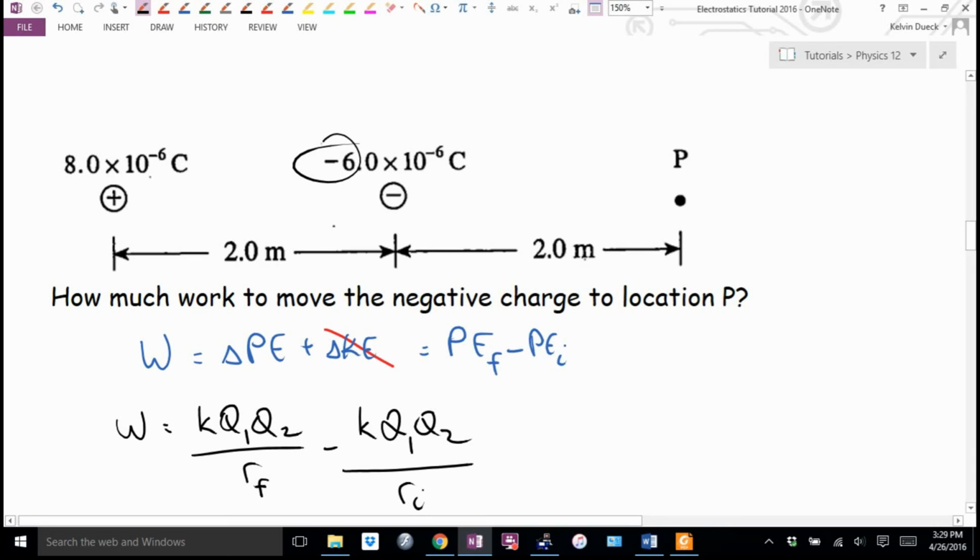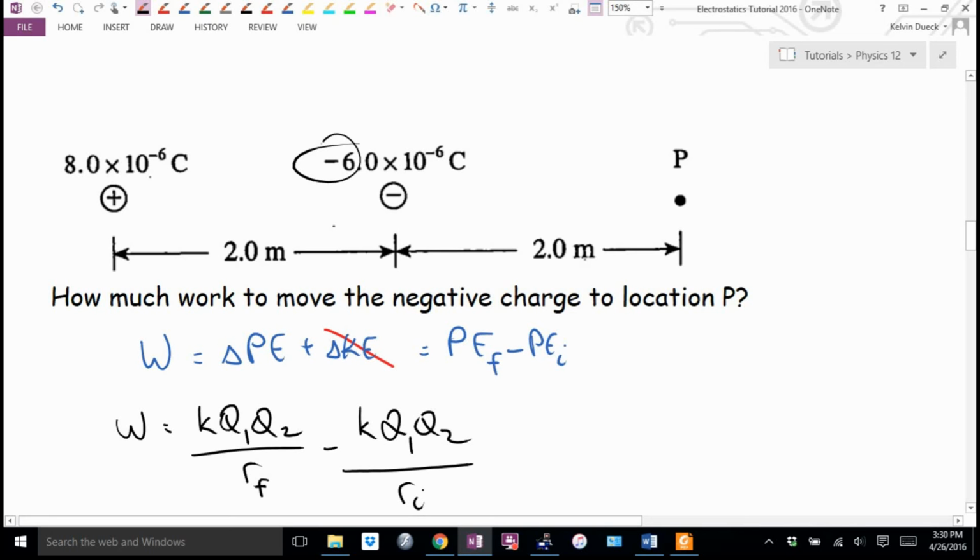Am I going to put this negative in for Q2 or not? Yes. It's clearly yes. It's a scalar, signs. I'm going to put the negatives in.